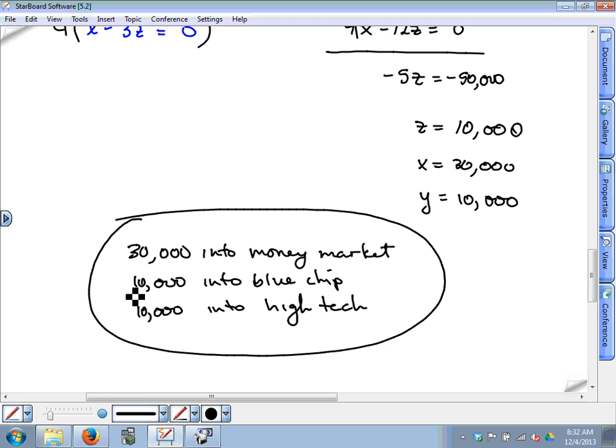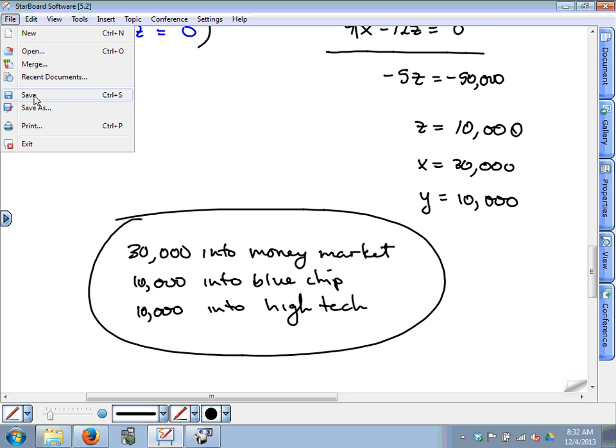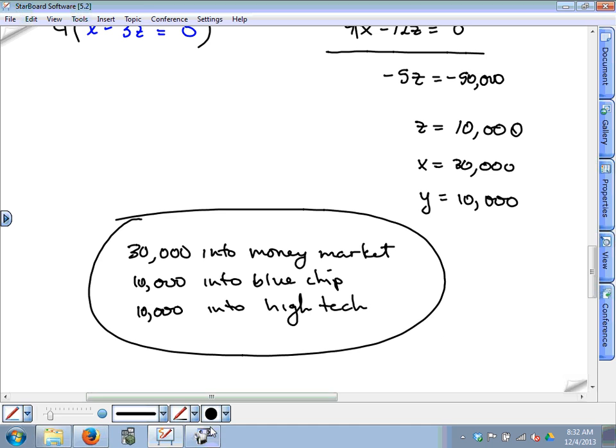Not only does that use his entire investment of $50,000, he's invested it in such a way that he's going to match his goal, assuming the interest rates for that year stay stable. He'd match his goal of a $4,000 return. Okay.